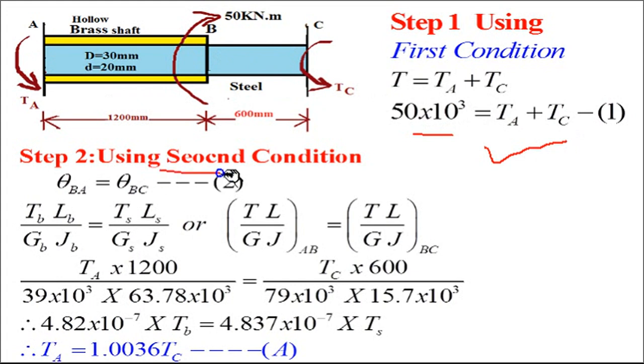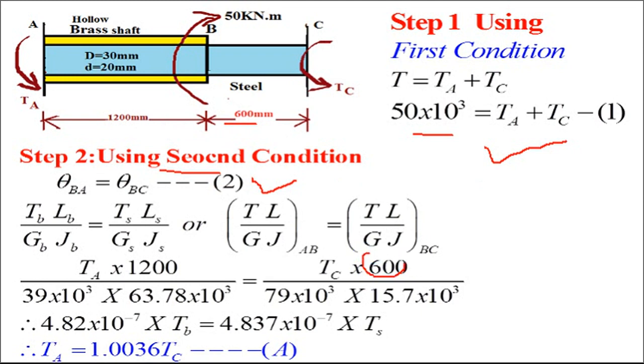Now for the second equation, just equate the slopes: theta BA plus theta BC equal to 0, as theta BA equals theta BC. This is the second condition. Use the equation theta is equal to TL by GJ, just like the previous problem, and put in the values of lengths. Here length is 1200 and this length is 600.